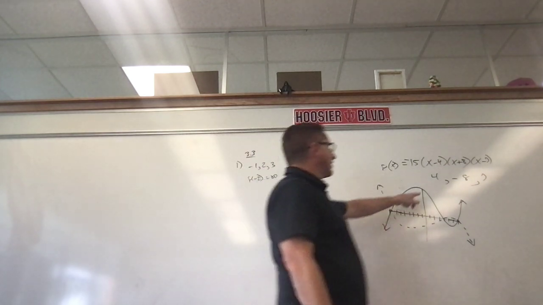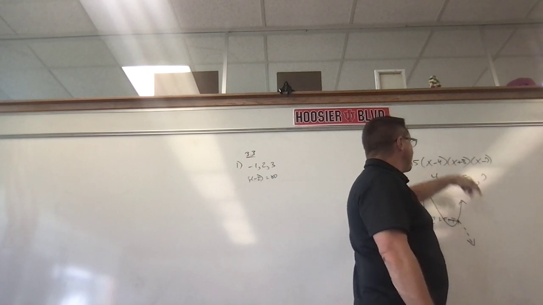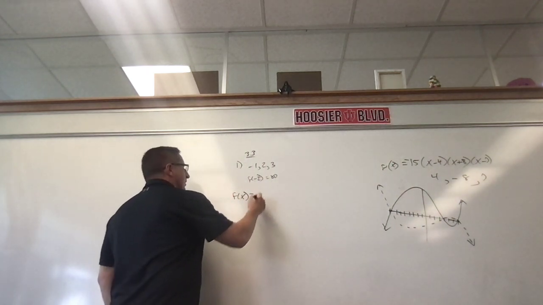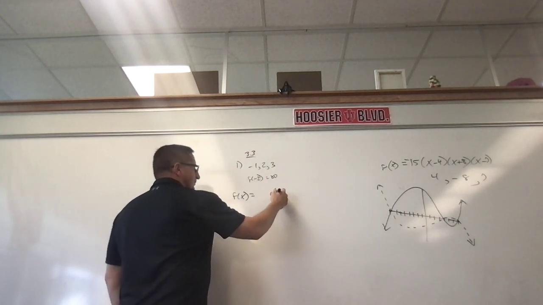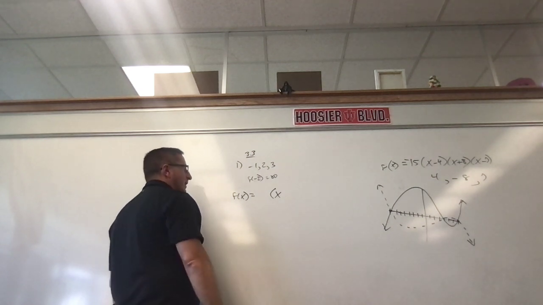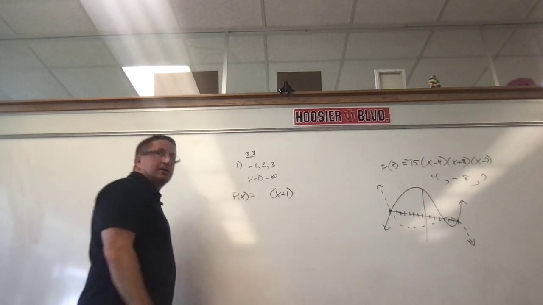Here, my 0 was 4, so x minus 4 was my factor. -8 was my 0, x plus 8, and so forth. So, when we do this, f of x equals, well, the first 0 is -1, so what's my factor going to be? X what 1? Plus 1. How'd you get plus? Opposite.